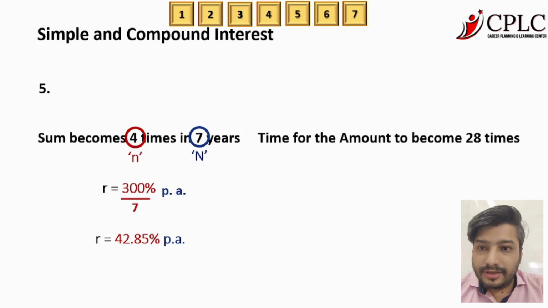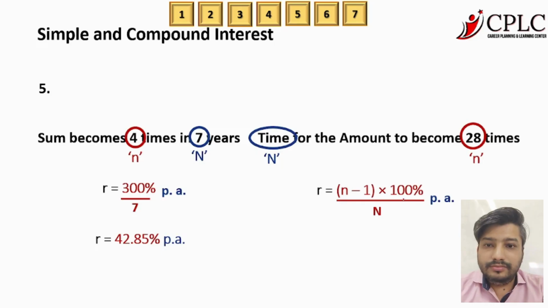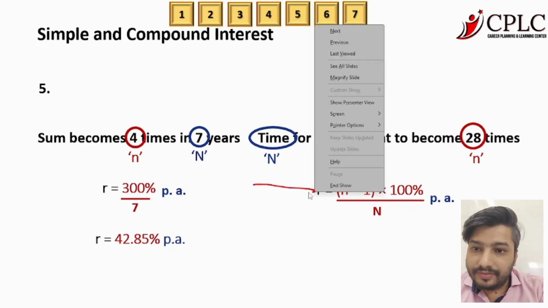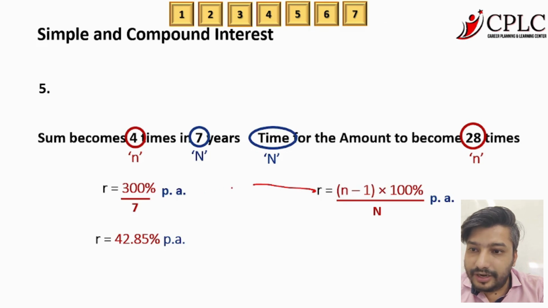So again we can use the same formula. R is (small n minus 1) upon capital N into 100% basically. R we can simply use from here. I will not use 42.85. I will use 300 by 7 because it makes things easier for the calculation part.